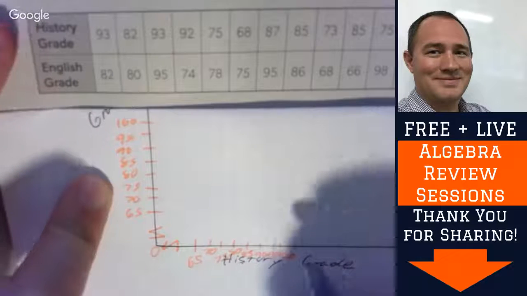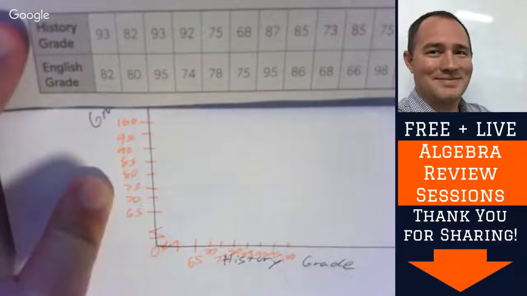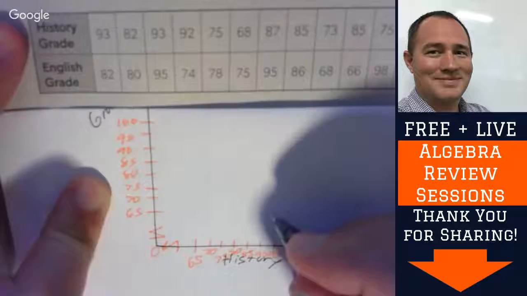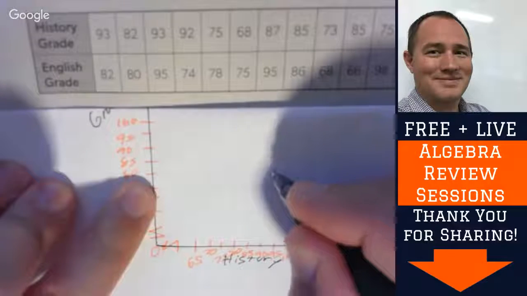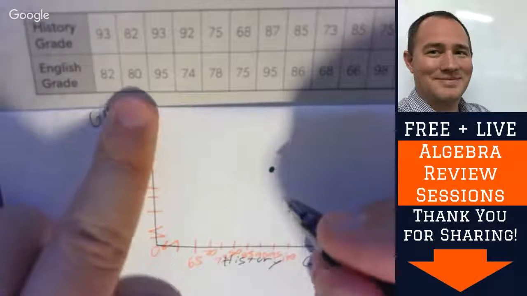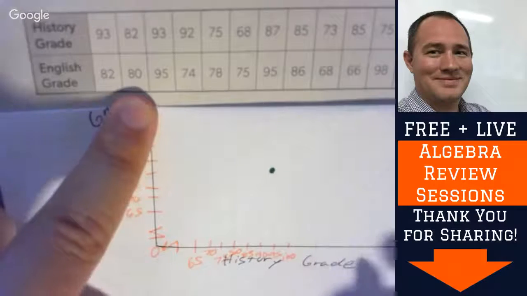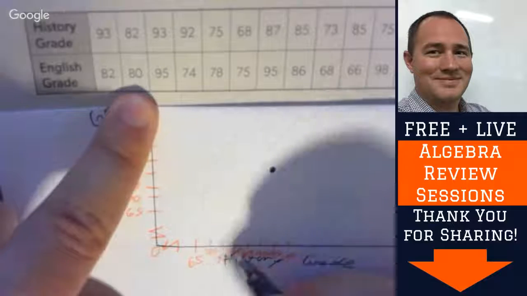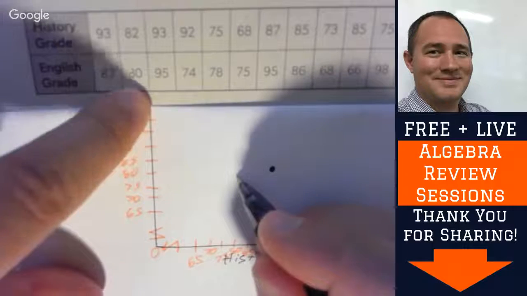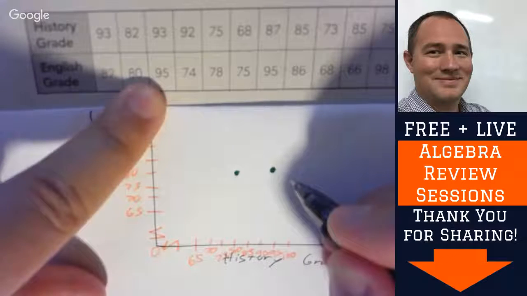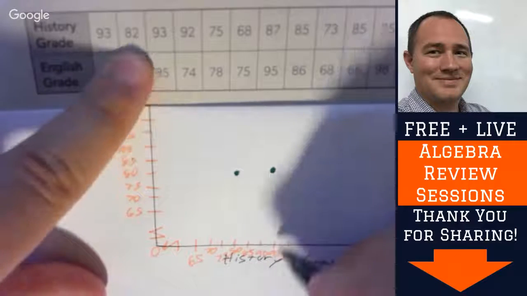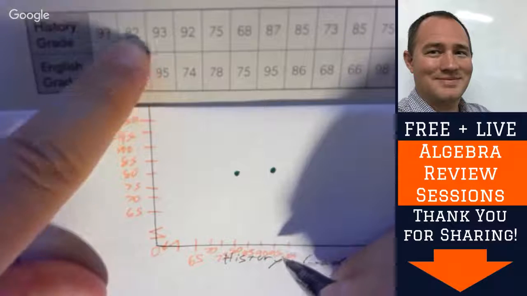So the first one, we're going to go to 93, which will be somewhere between here and here, and we're going to go up to 82 for the English grade. Then over 80 and up to 82. Over to 95 and over to 93 and then up to 95.